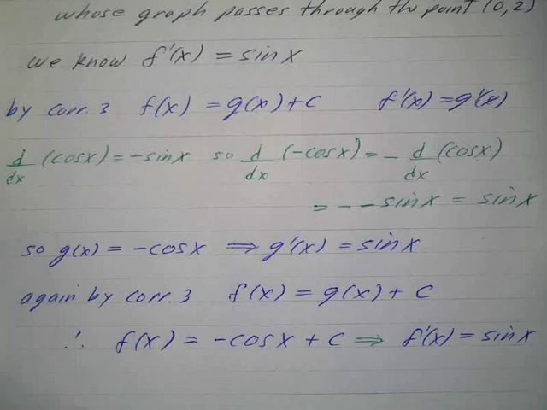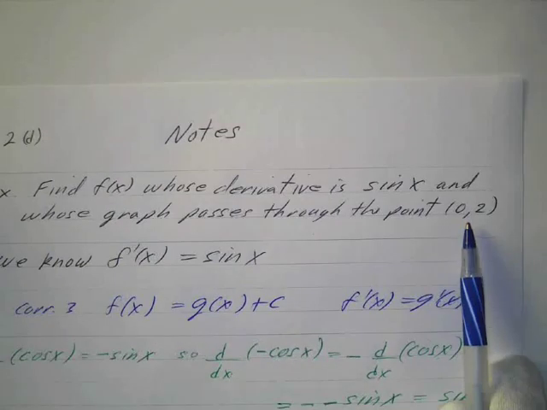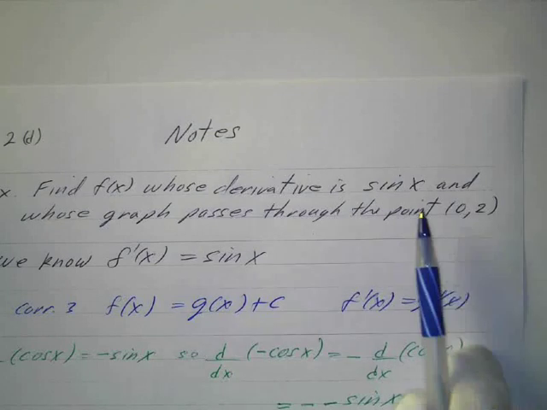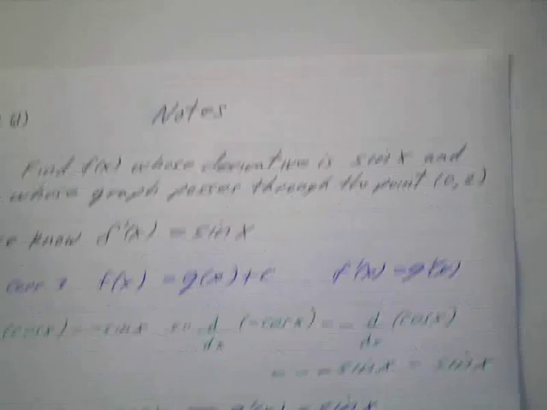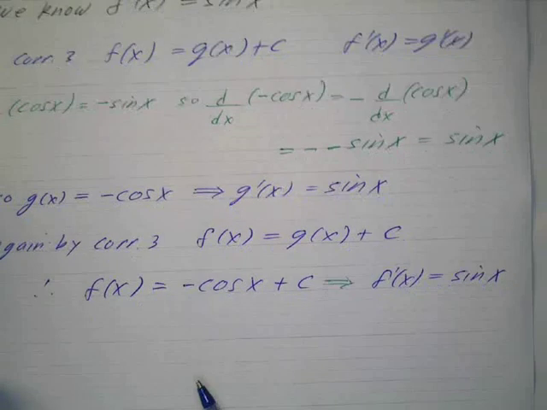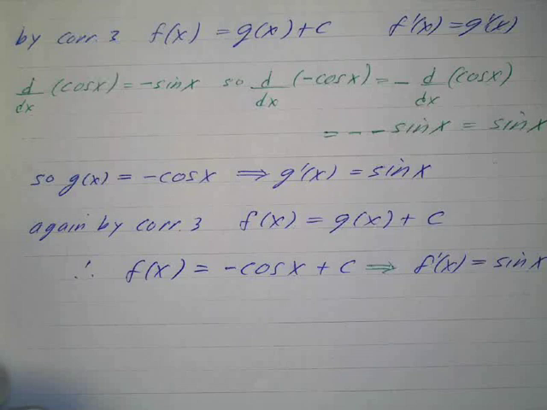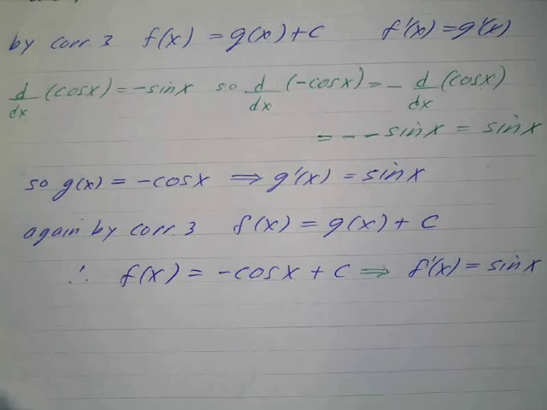Now, this problem gave me a particular point that my function goes through, that f of x goes through. So we know the derivative is the sine of x and it goes through this point, so we can actually find what the c is. And that's what we do in the next set of problems on the antiderivative worksheet.